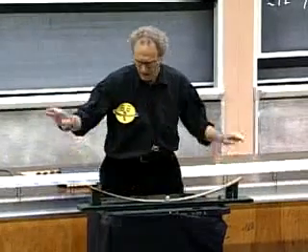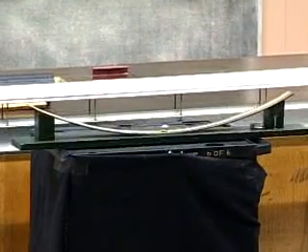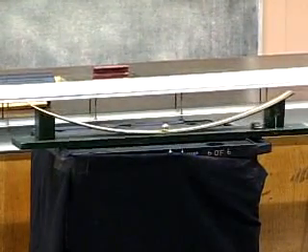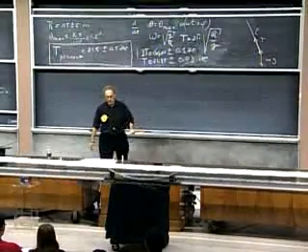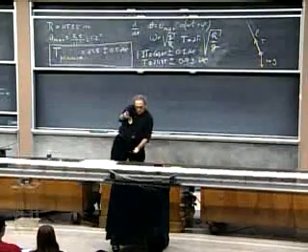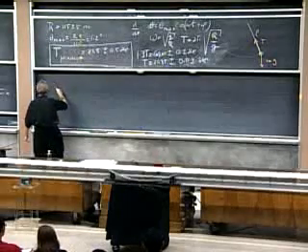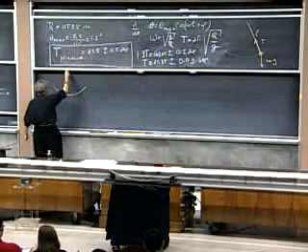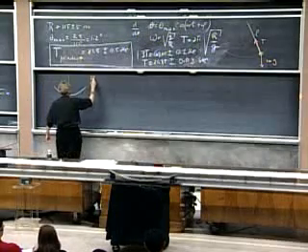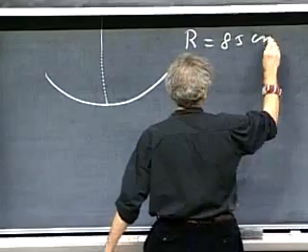And in this case, the radius is 85 centimeters. So, we can calculate what the maximum angle is. Radius is 85 centimeters. And the arc to the edge is about 20 centimeters. So we have now a situation like this. So R equals 85 centimeters.